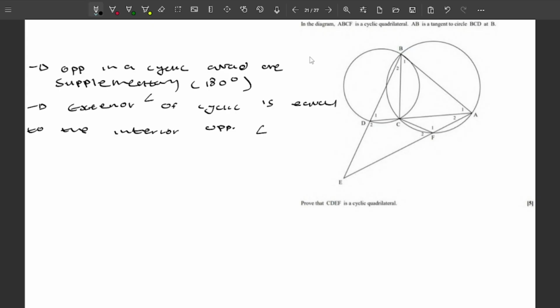The reason is that it's much simpler, because it's equal to what is inside of the cyclic quad. I'm not saying you don't have to use the first one. You can, but you're going to have to add up some stuff, and you know how time is in the examination. Everyone is panicking.